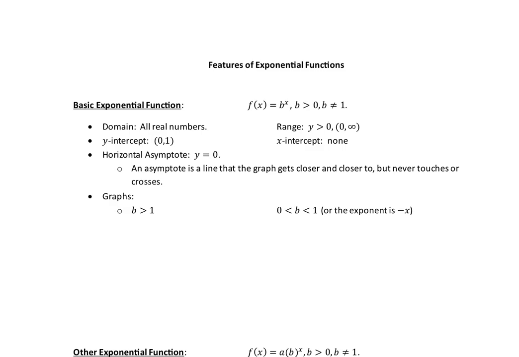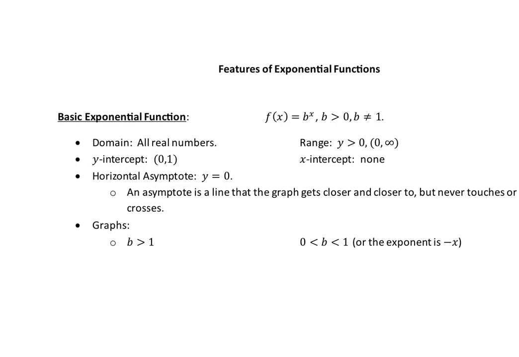All right, so the first thing we're going to start off with is the basic exponential function. This was something that we explored last semester in intermediate algebra, but we're going to start with this one. A basic exponential function is going to be of the form f of x equals b to the x.